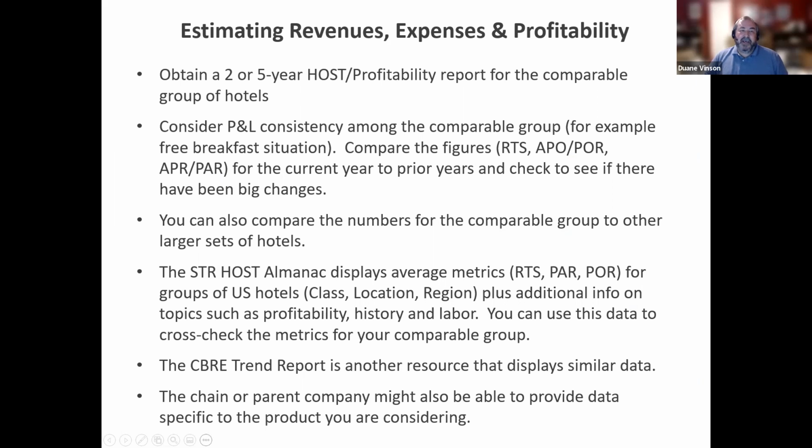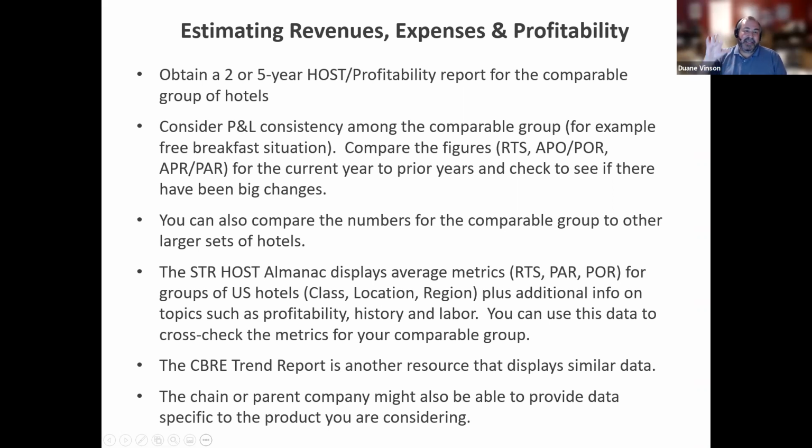In the absence of good comparables for P&L data, you can get some industry standards in another report that STR produces. This would only be available in the US, sorry for those outside of the US. Here in the US, we also produce the STR HOST Almanac, and that is very high level annual P&L reporting, for full service hotels and limited service hotels.